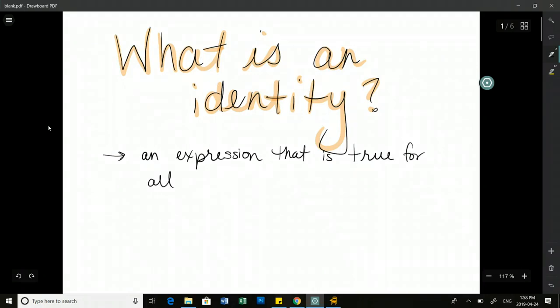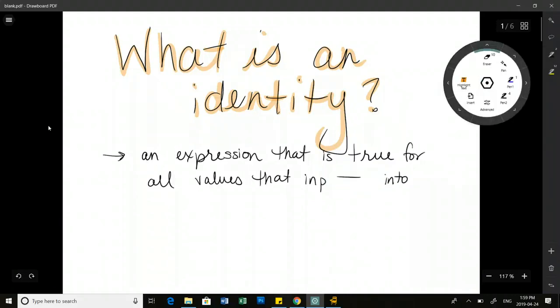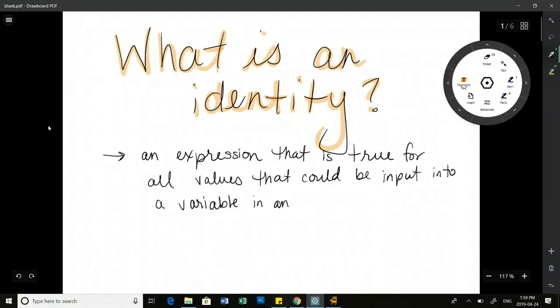for all values that could be input into a variable in an expression.